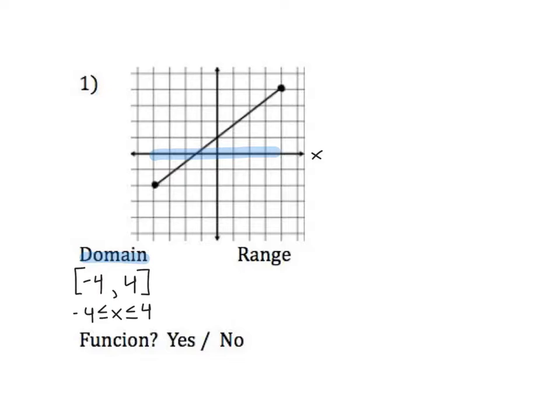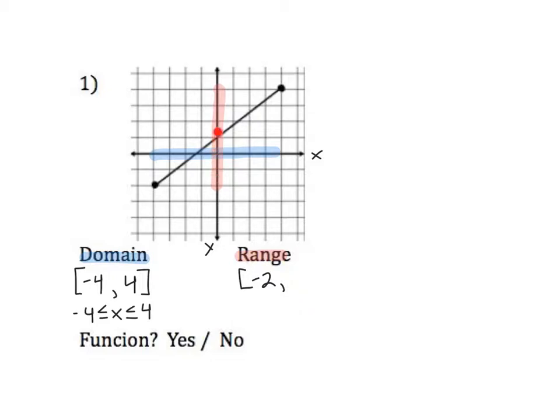Now for range, remember range is all of the y values. So I'm going to go from the very bottom to the very top of my y-axis. And then I'm going to start again with my smallest y value. So I can see here that my smallest y value is -2. And it's included because it's a closed dot.